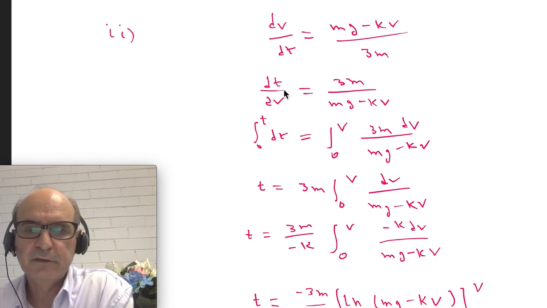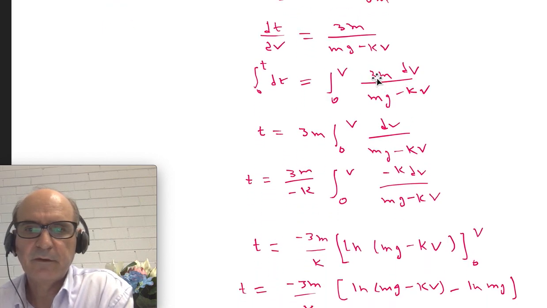So the derivative of t with respect to v is that, so it means that t is equal to the integral of that. If you integrate that, we can take 3m out as a constant. We end up with dv over (mg minus kv).